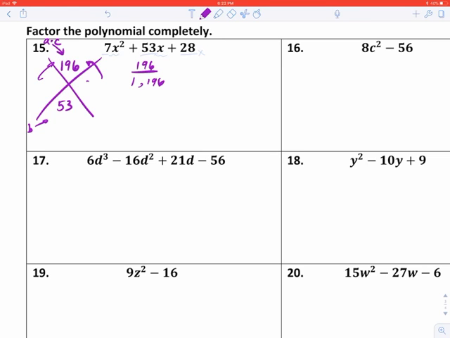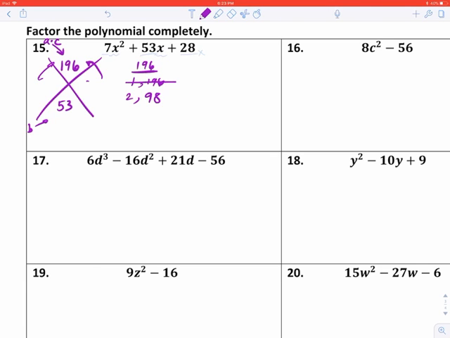There's no way for me to add or subtract those together to get to 53, so I know that won't work. 196 divided by 2, I know it will be divisible by 2 because 196 is an even number.